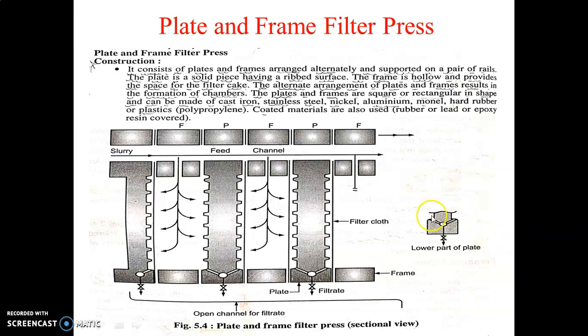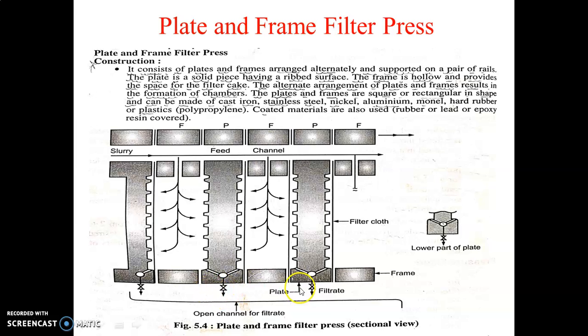So here that figure is shown separately. This is the lower part of the plate. So this hollow part is provided at the bottom of every plate. If we look at this plate, there is a hollow, or we can say cored part, provided to remove the filtrate.